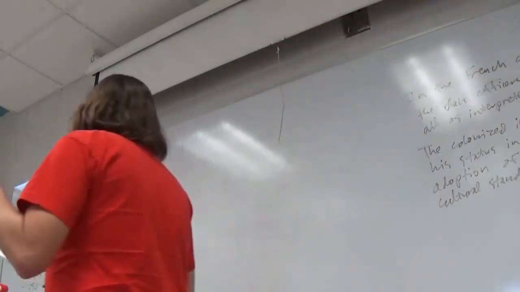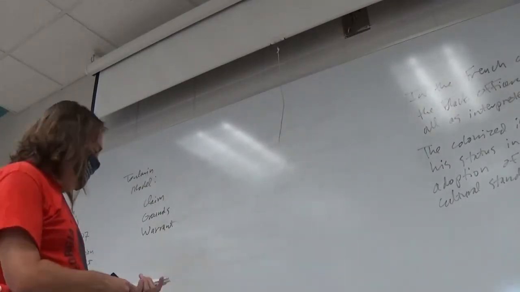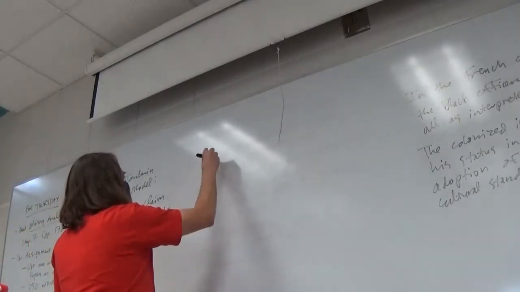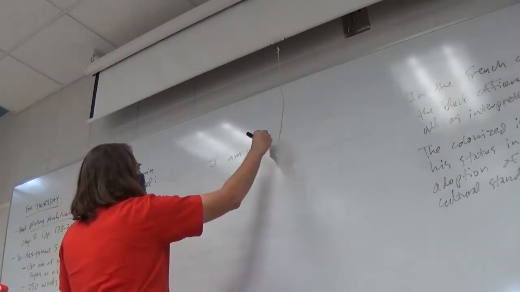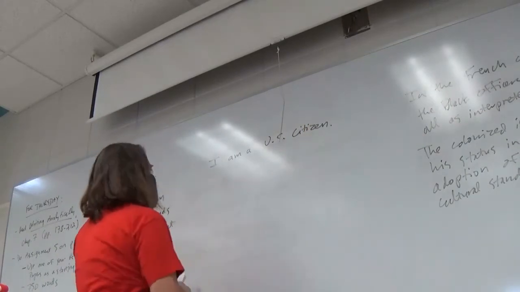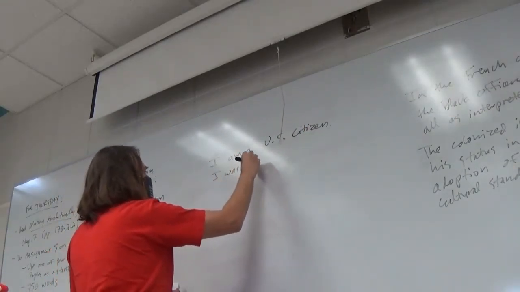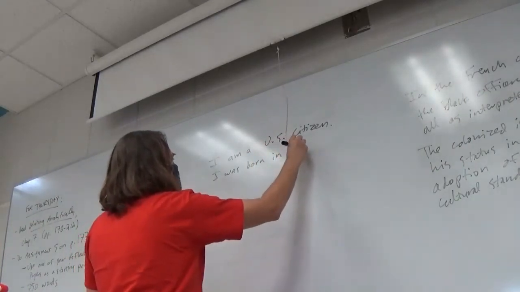So to give you an example, like the most basic example of how this works, if I make the claim, I am a U.S. citizen, and I use the grounds, I was born in Pennsylvania.